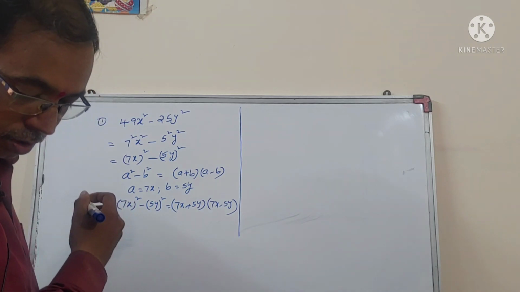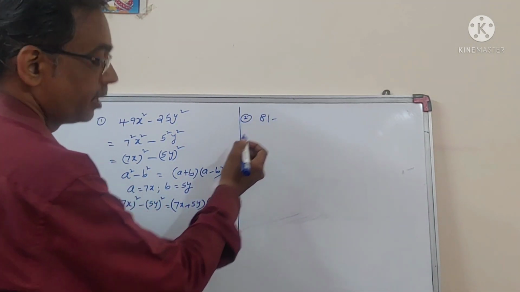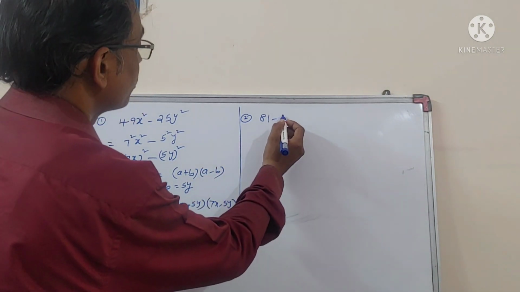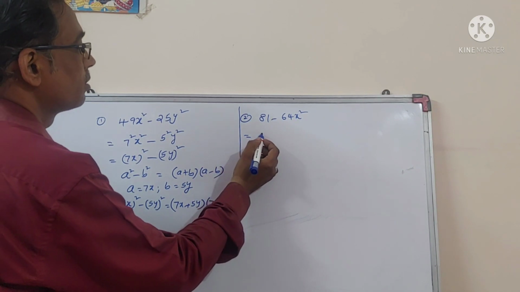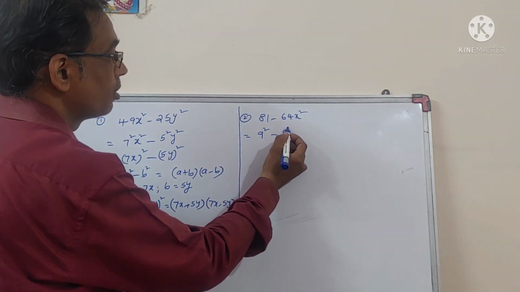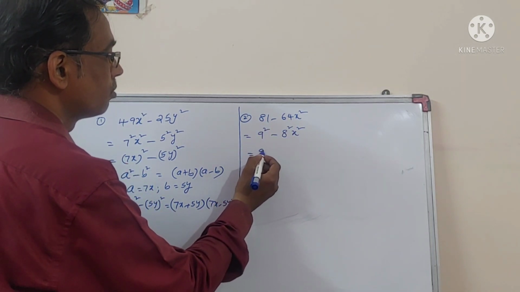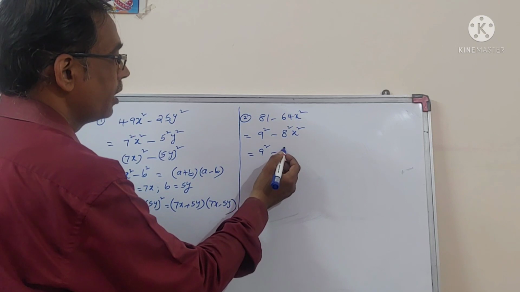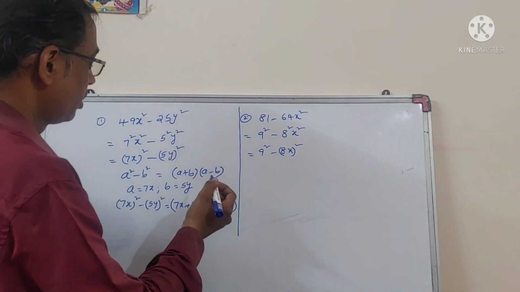Now one more like this: 81 minus 64x square. This 81 can be written as 9 into 9, that is 9 square, minus 64 is 8 square, x square is as it is. Now 9 square minus 8 square x square is nothing but 9 square minus 8x whole square.